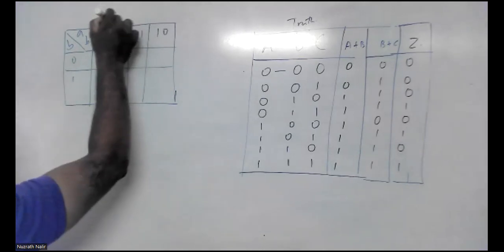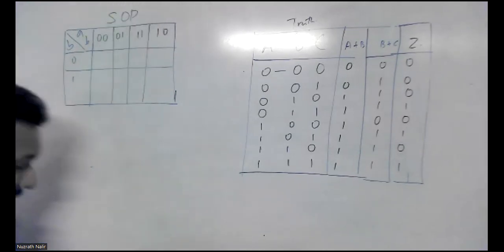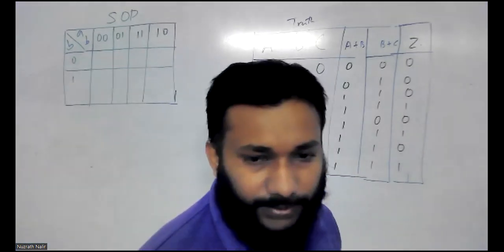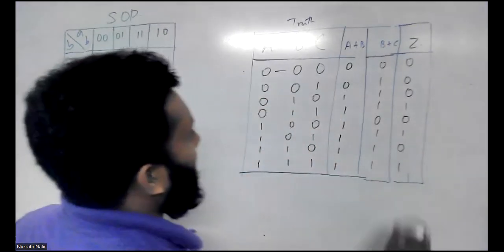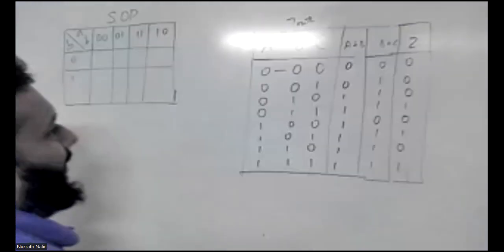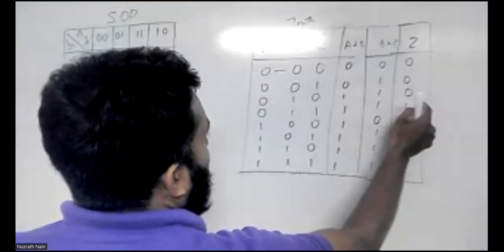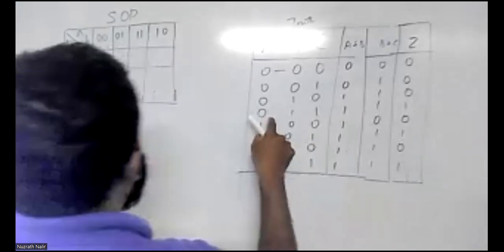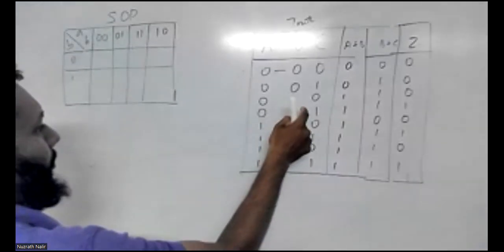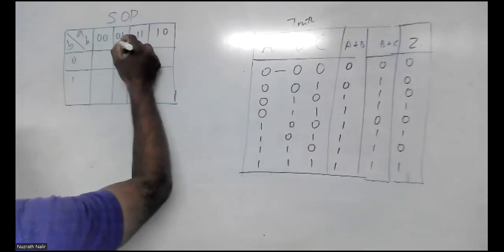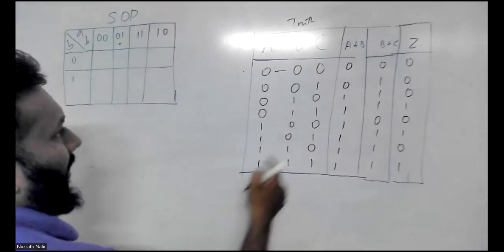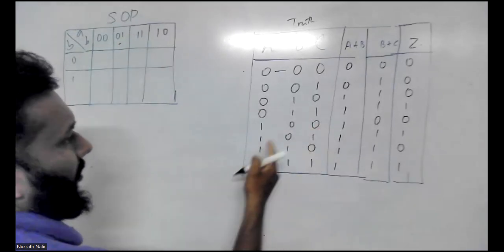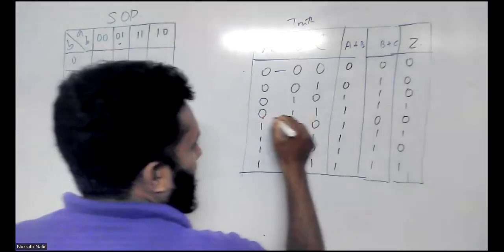So I'm going to develop the SOP concept, sum of products. For sum of products, we mark only the places where the output is 1.